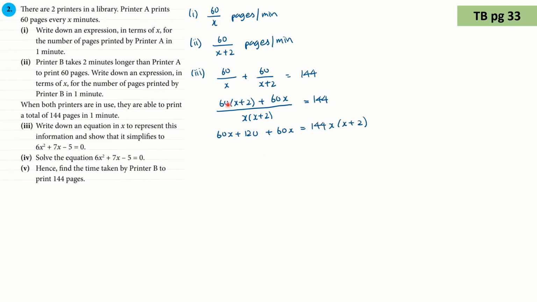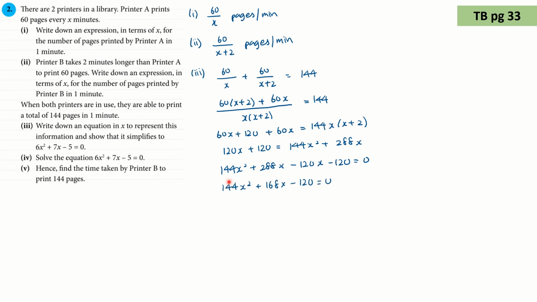In this case, I have expanded the numerator, and concurrently I have done my cross multiplication where I take x times x plus 2 over to the right, and I get this. Then I will simplify it and expand, and I will get this quadratic equation of 144x squared plus 288x minus 120x minus 120.